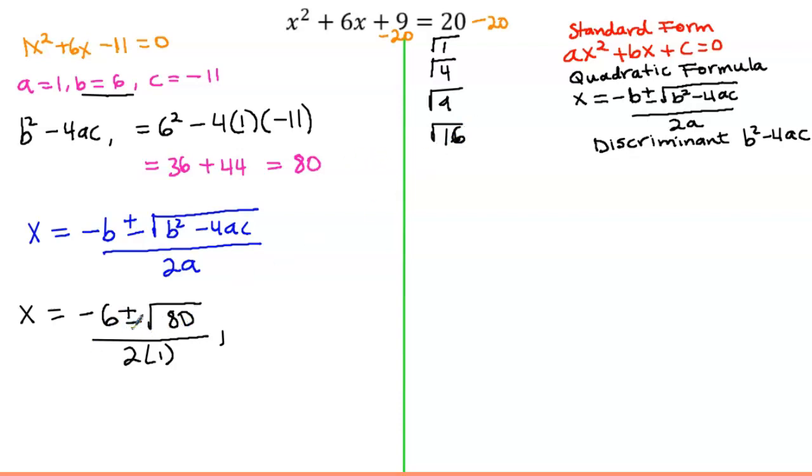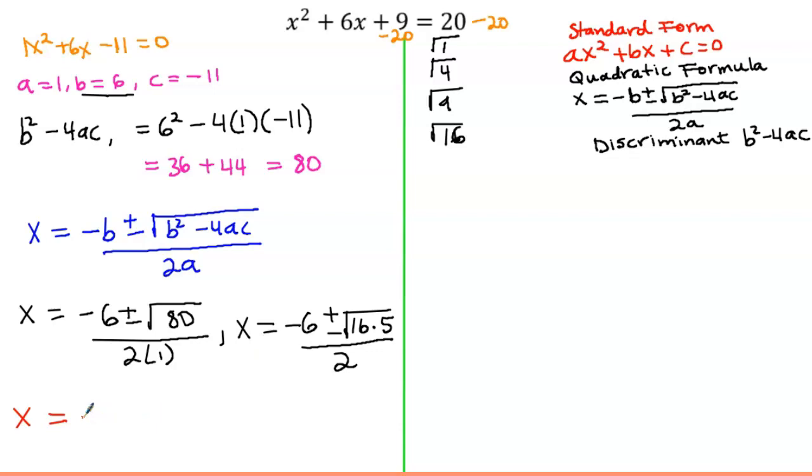So we are going to break this down. We write our negative 6 plus or minus, and instead of writing the 80, we are going to say 16 times 5. 16 times 5 is still 80, but we are breaking it into the perfect square because here we have to simplify it.